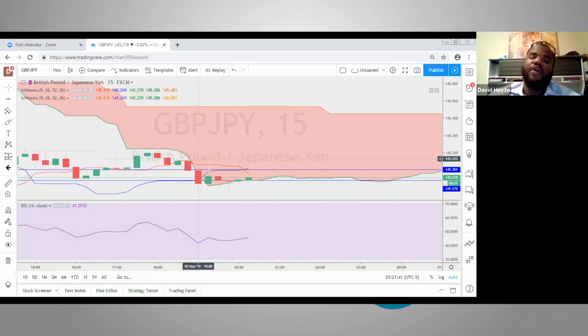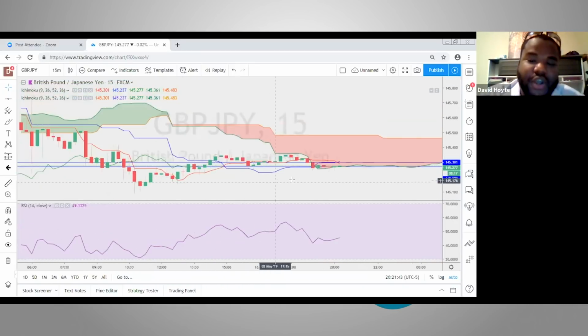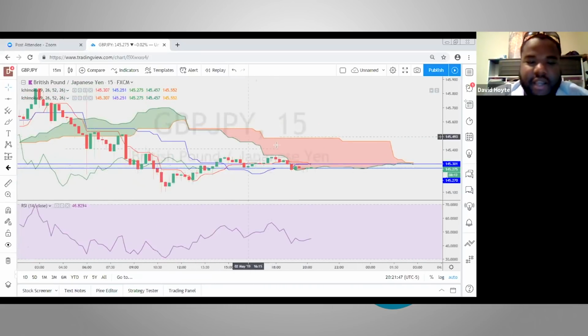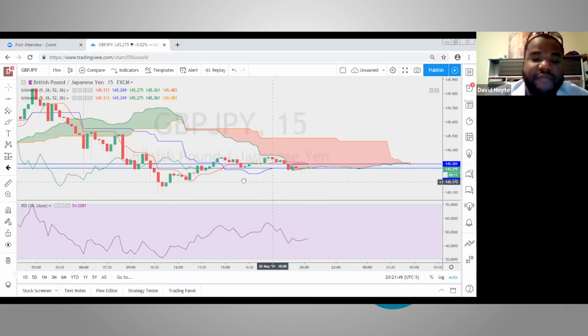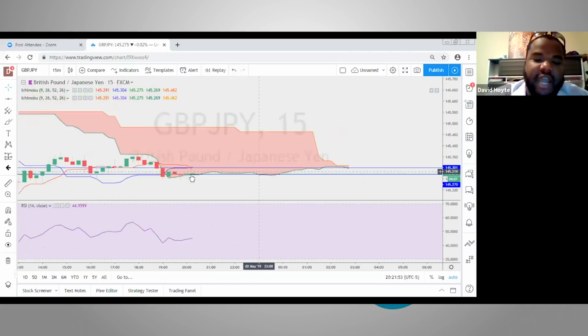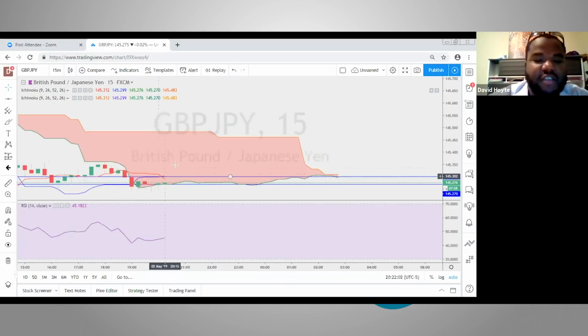Let me tell you how powerful this thing is. You could be doing anything throughout the day, you don't even have to be looking at this chart, and you get this notification, and bam, it just told you a valuable point in making some money. On the consolidation, and with the impulse, it can be the same thing.